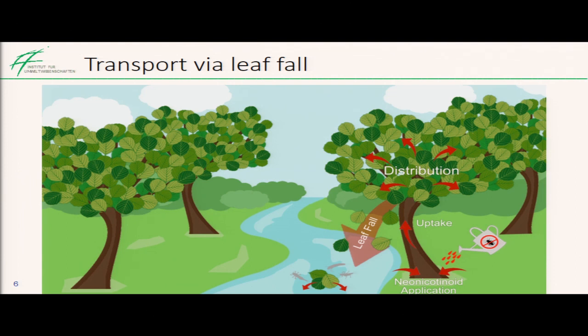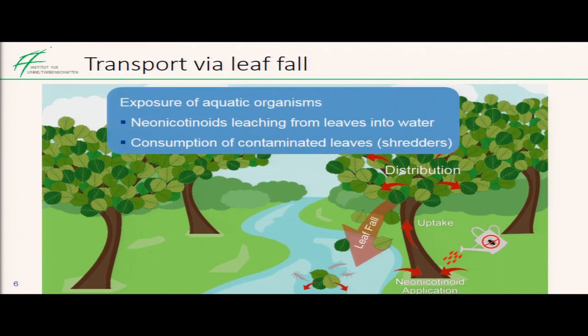They are fueling basically the whole heterotrophic food web in aquatic systems. And if the neonicotinoids end up in the leaf material and enter the aquatic system together with it, then we have a combination of exposure pathways that we are not necessarily considering well during risk assessment, research, and whatsoever.